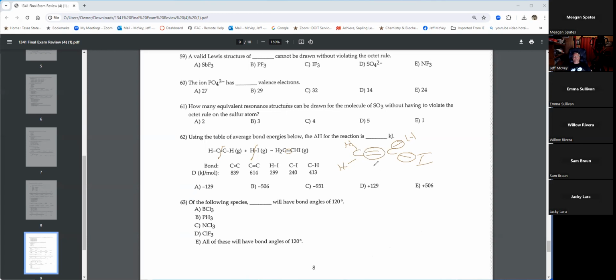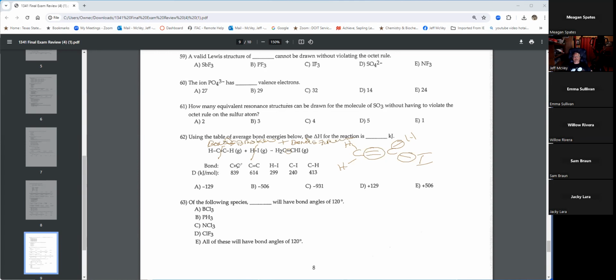So the reaction enthalpy is about bonds broken plus bonds formed. Now, you have to remember that bonds broken will always be positive.